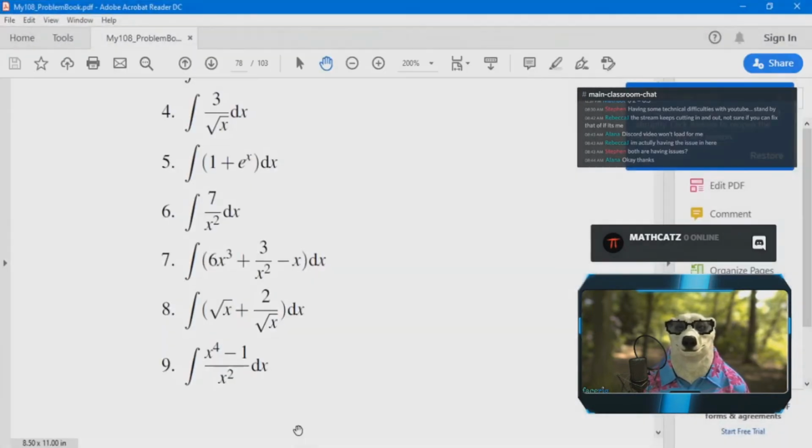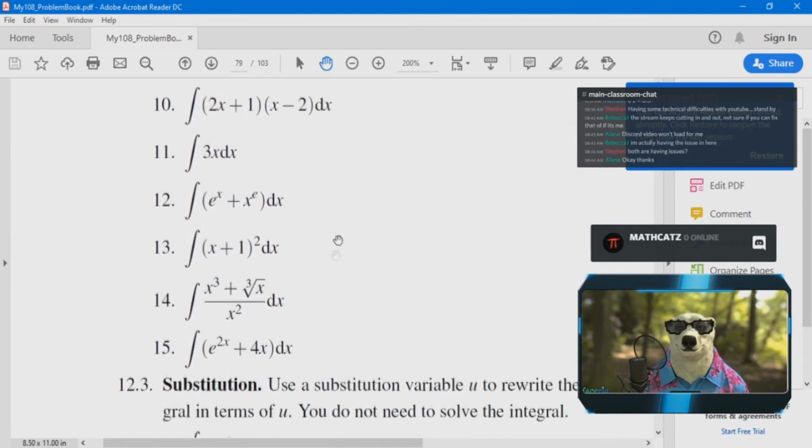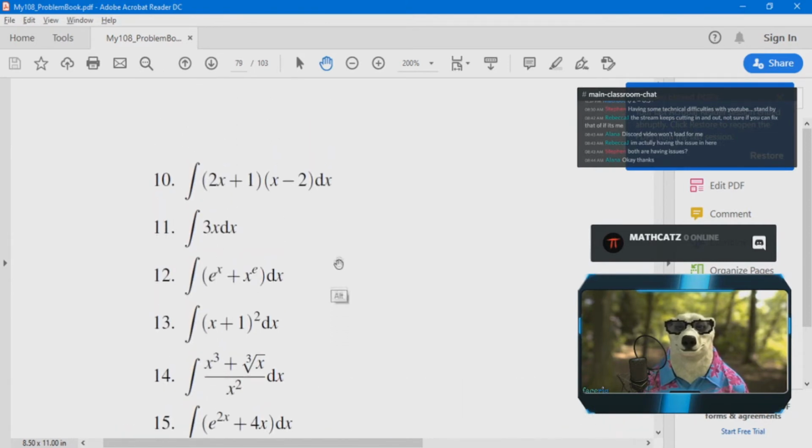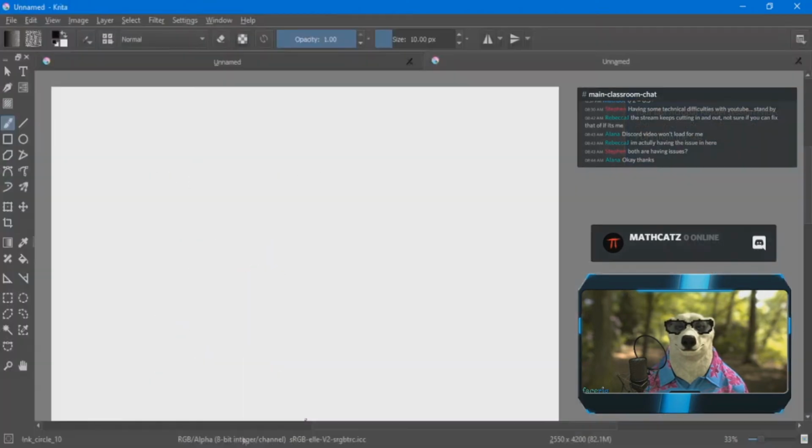So let's have a look at, it doesn't really matter. How many do we have? All right, we have some. Let's do 14 maybe. I'm looking at the indefinite integral, so I know antiderivatives.